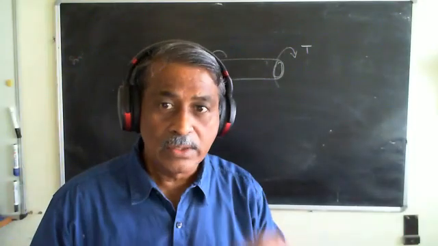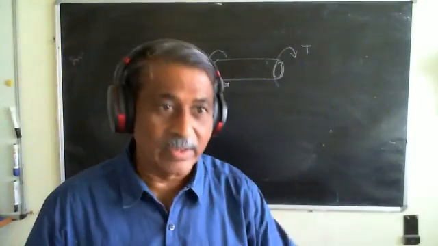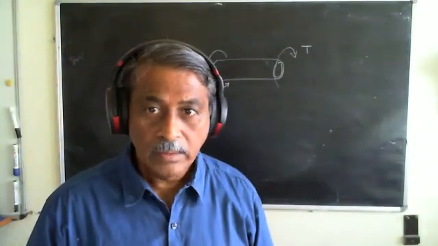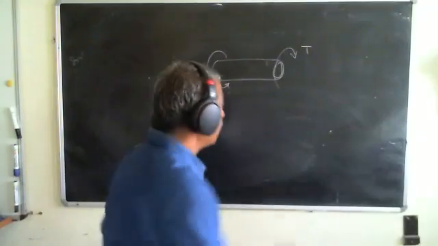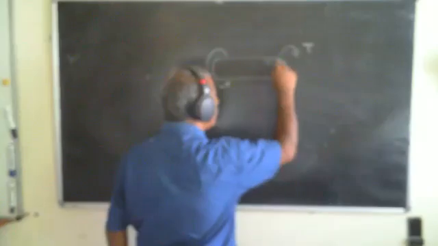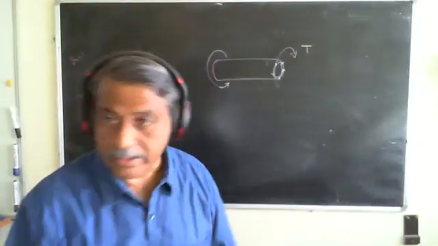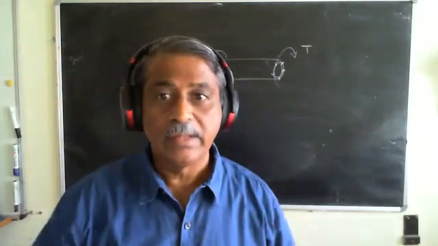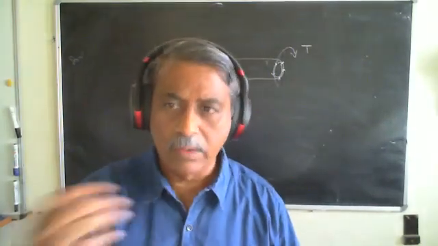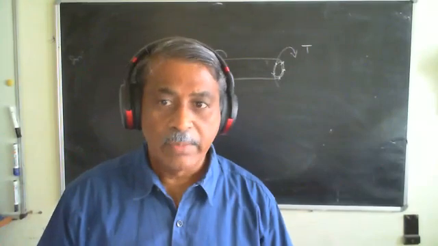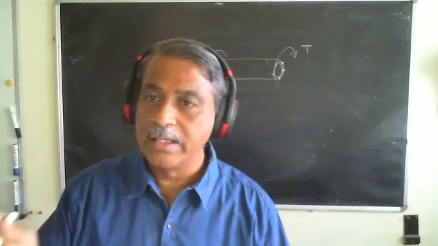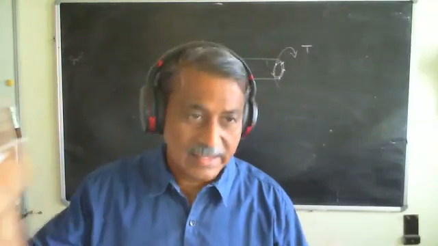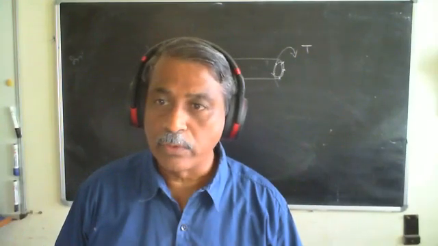The reason is that a circular cross section is axisymmetric, so it doesn't see a difference between this angle and that angle. Whether I take this point or that point, it doesn't see a difference. So that's where we will start, and then figure out what would be the deformation. Once I get an idea of the deformation, it's easily possible to look at stresses and so on. That's how I'm going to proceed.